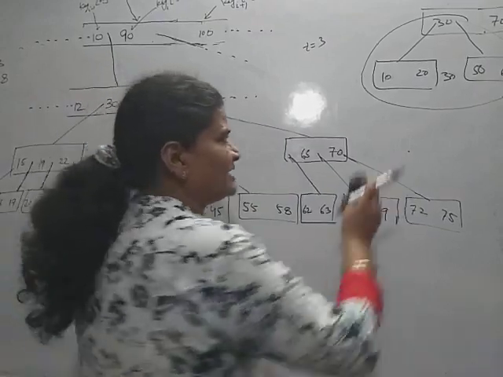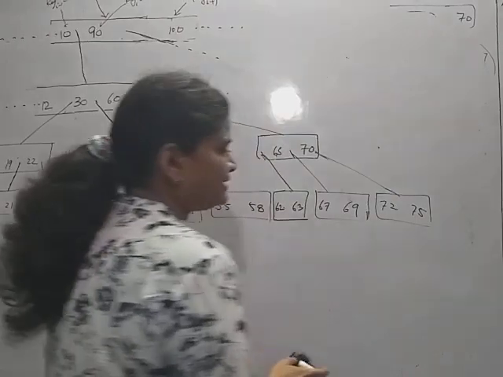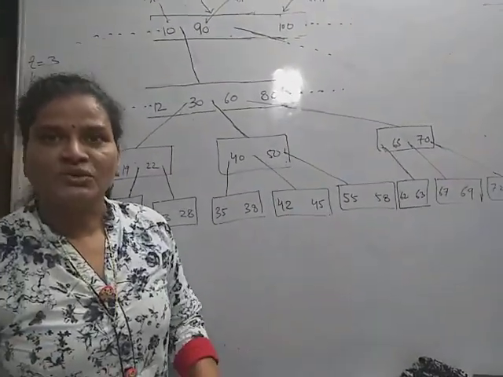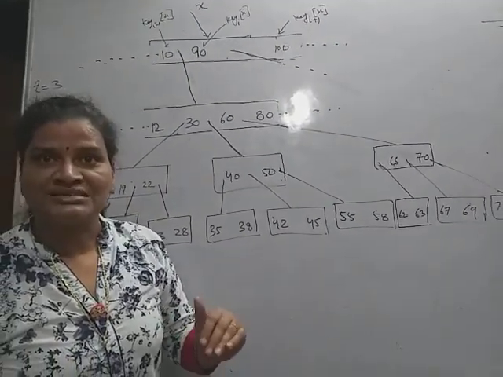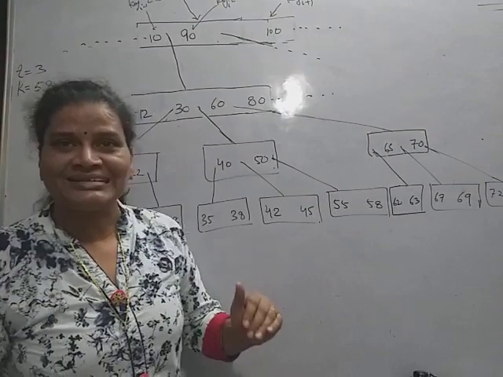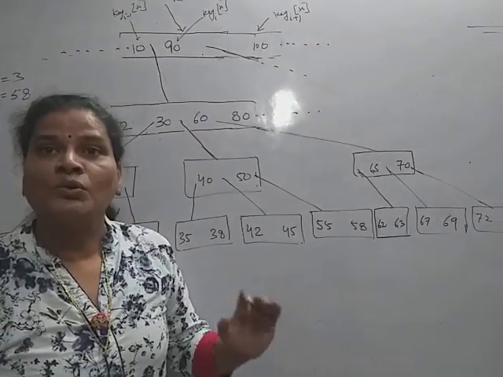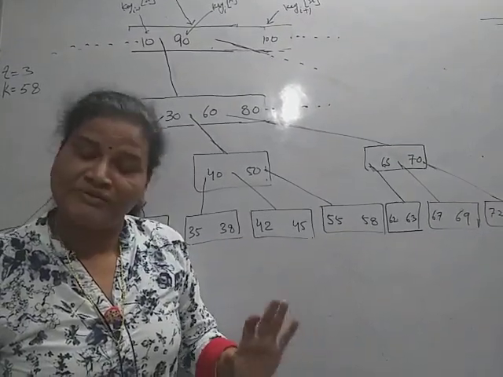Okay. Now I will explain the deletion procedure. The deletion procedure is a recursive procedure. So whenever the recursive procedure is called with the pointer x pointing to a node, then that node must contain t number of keys every time.